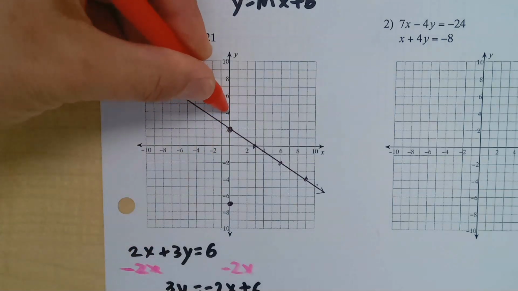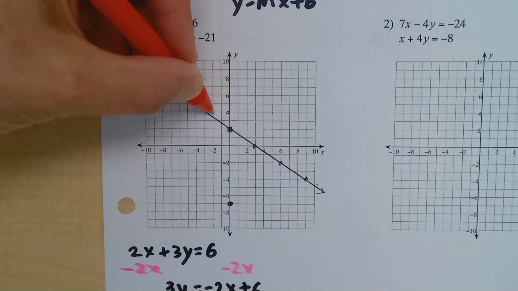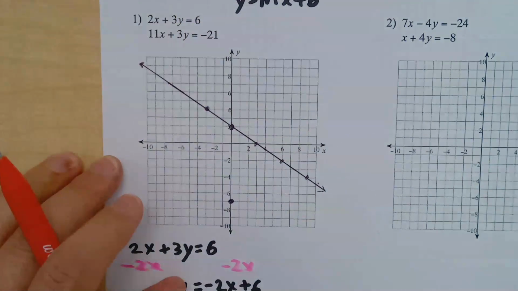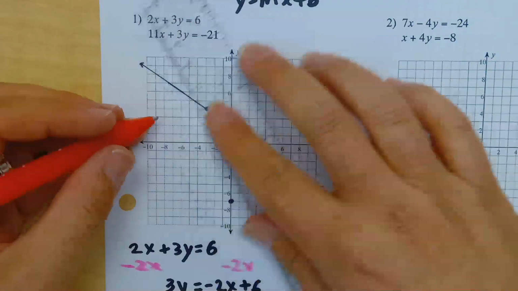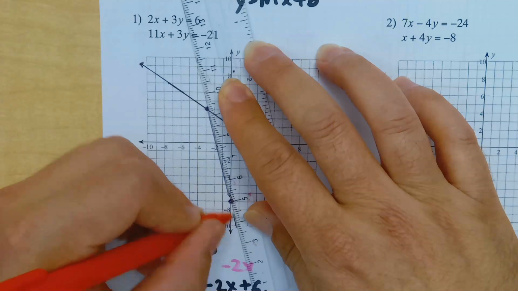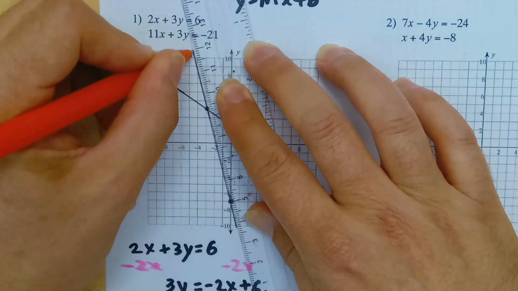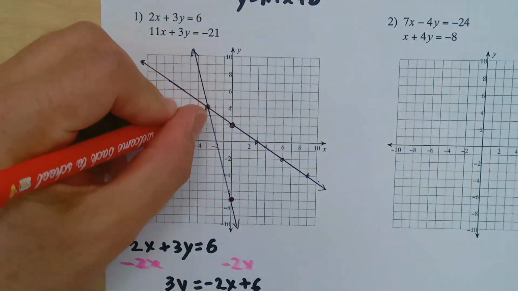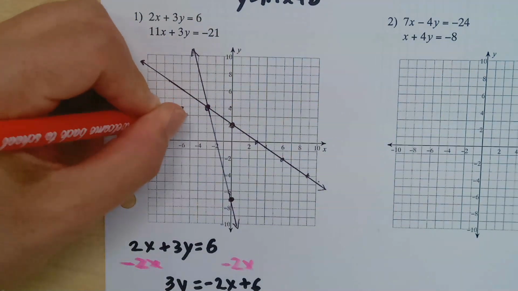And now I'm going to go over to the left 3. 1, 2, 3. And what do you know? It touches the line right there. So now I'm going to draw this line. Okay, and my intersection is at negative 3, 4.